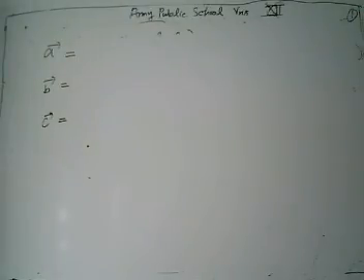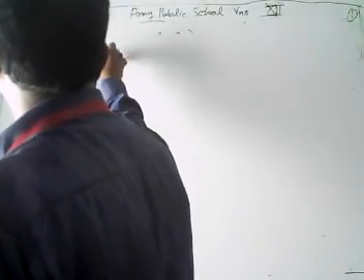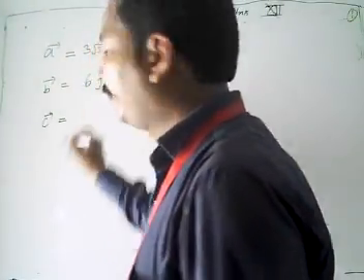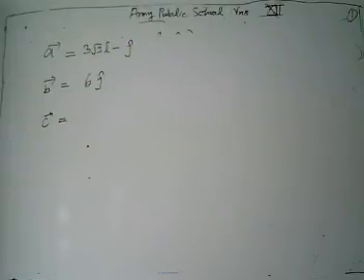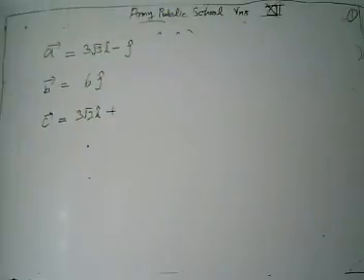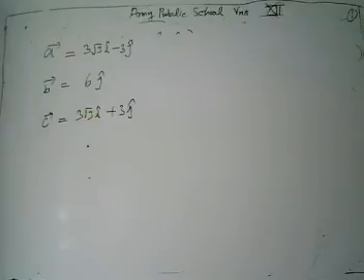A is given by 3 root 3 i cap minus 3j cap, and B is given by 6j cap, and C is given by 3 root 3 i cap plus 3j cap.